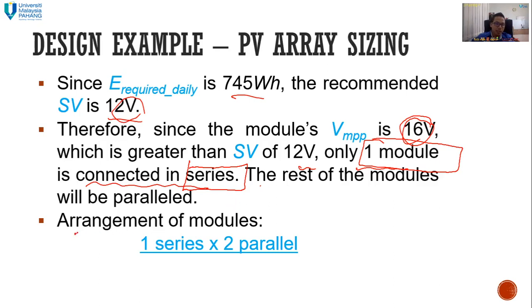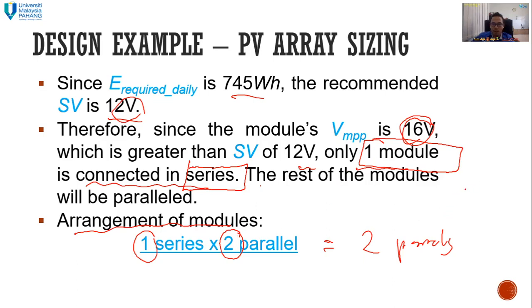So the arrangement of the modules is 1 series multiplied with 2 parallel, which at the end totals 2 panels. So 1 series provides the 12 volt, enough because the VMPP is 16. Then the other one we parallel it.